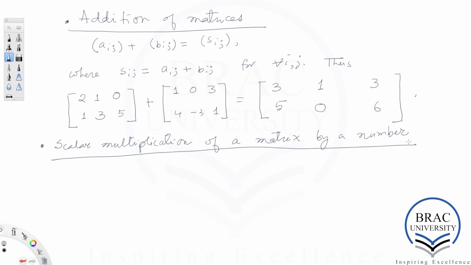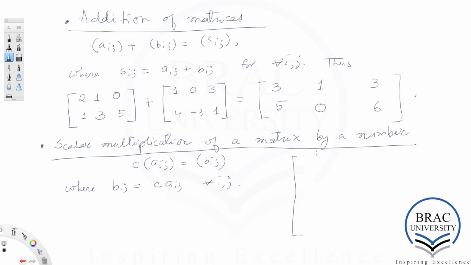This is given by c times a matrix Aij is equal to a new matrix Bij, where the entries of this new matrix are given by c times aij for all i and j.